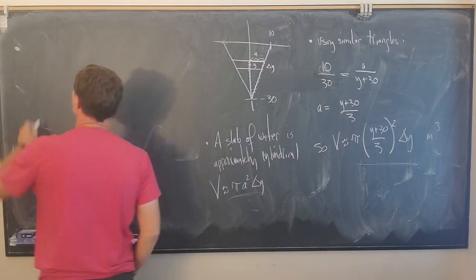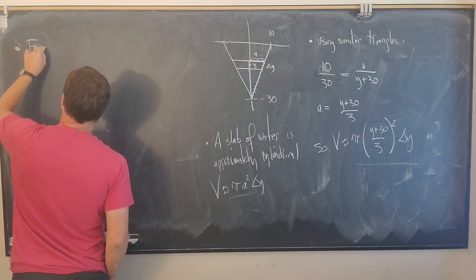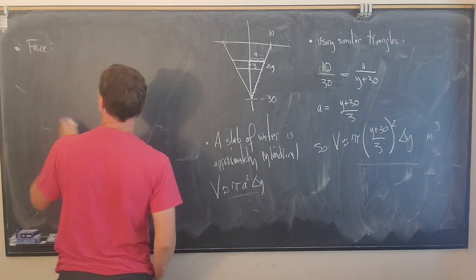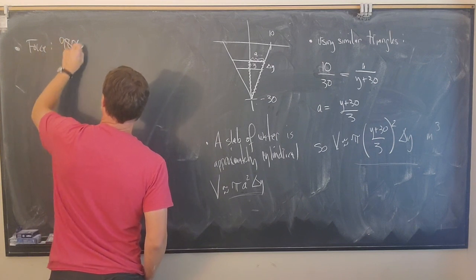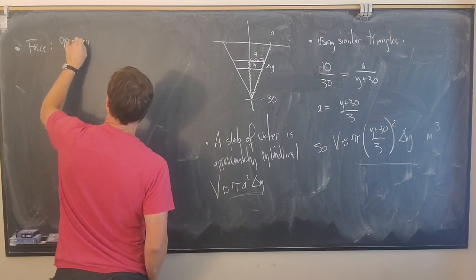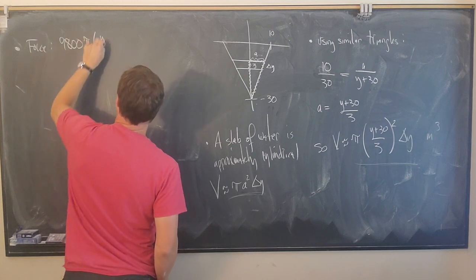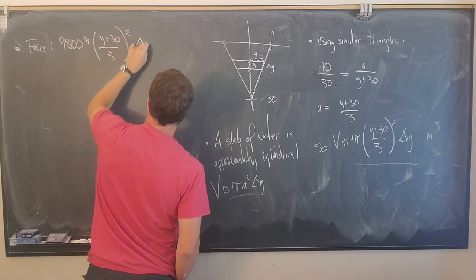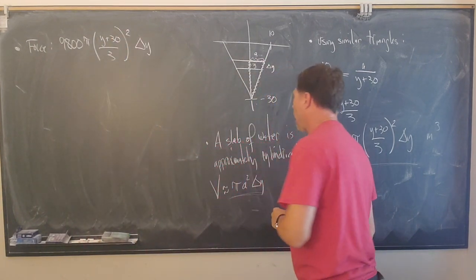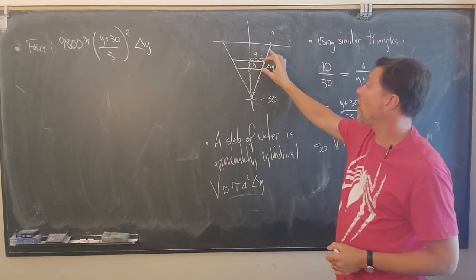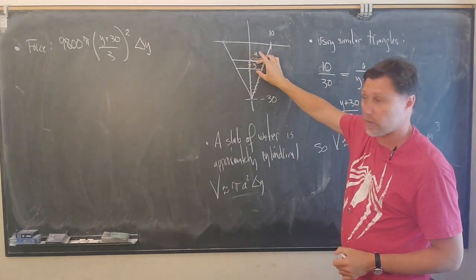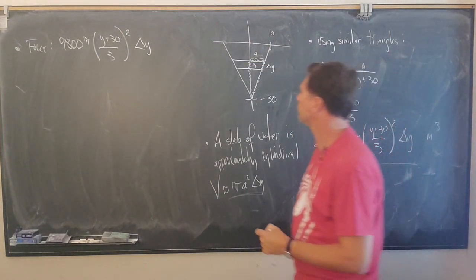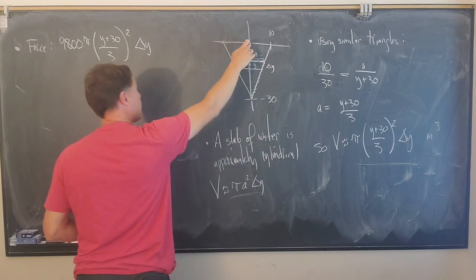And so the weight, or the force, is going to be 9,800, so that's 9.8 times 1,000. 9,800 times pi times y plus 30 over 3 squared delta y. Okay, so now we know how much that slab weighs, right? We know the force. Now we need to know its distance, and it needs to travel that distance right there, right? From position y up to position 0.